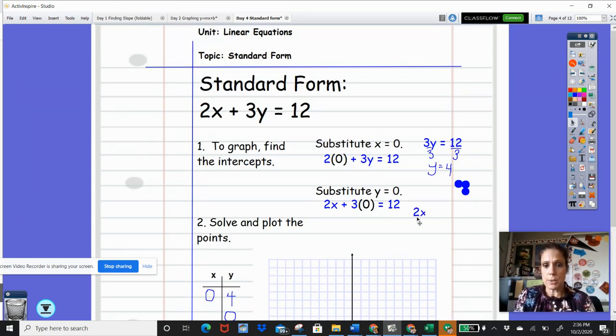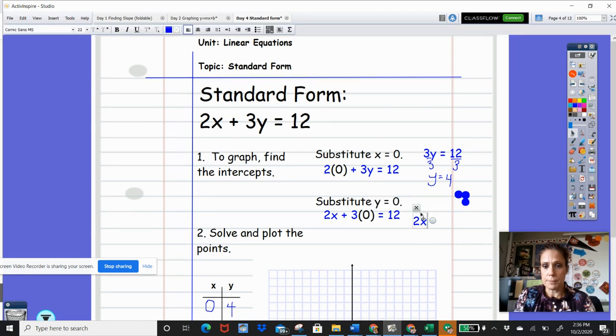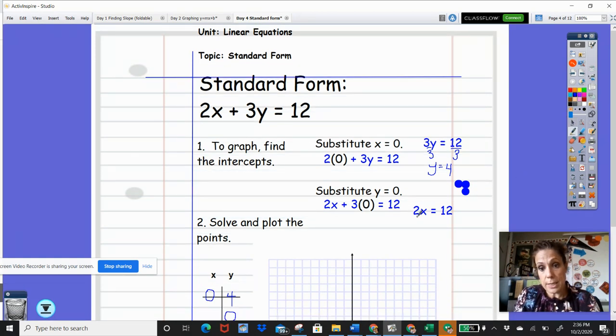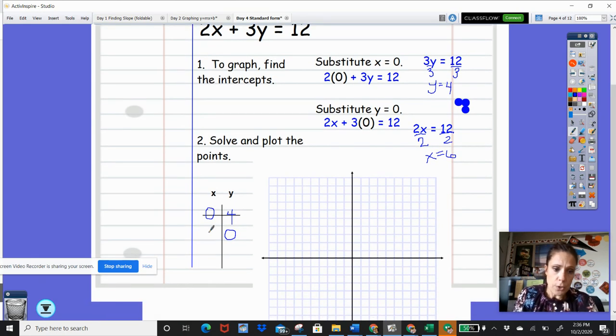If 2x equals 12, divide both sides by 2, and I get x equals 6. So our two intercepts are 0, 4, that's the y-intercept, 1, 2, 3, 4. And then the x-intercept is 6, 0.